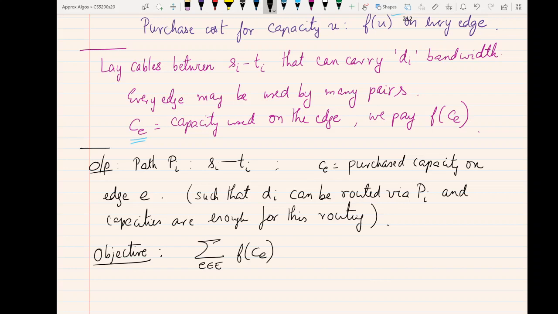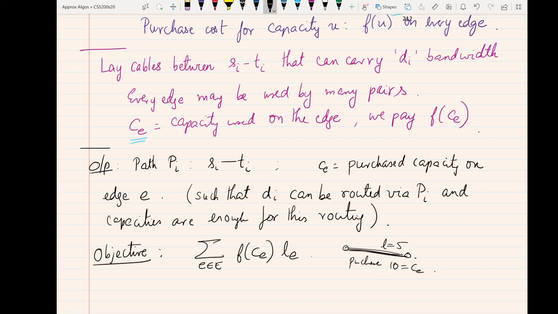Now, over and above this, notice that we have a length per edge. So if you want to lay a 10 megabit cable over a smaller length, it should cost less. So we need to multiply this by the length of that particular edge. Suppose on this edge, which has length equal to 5, you need to purchase 10 units.